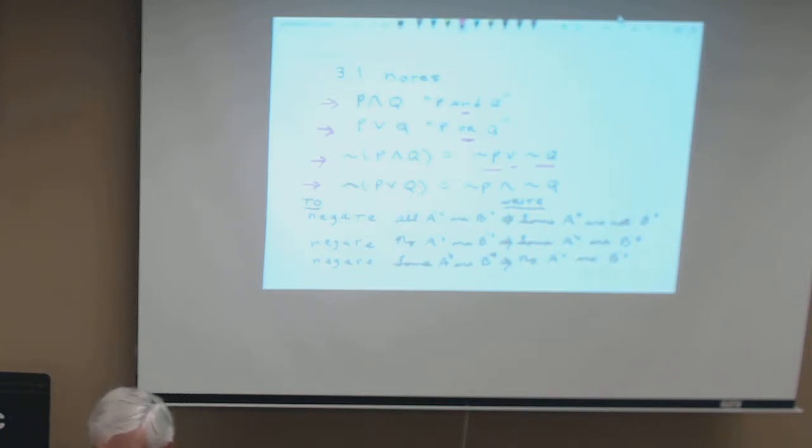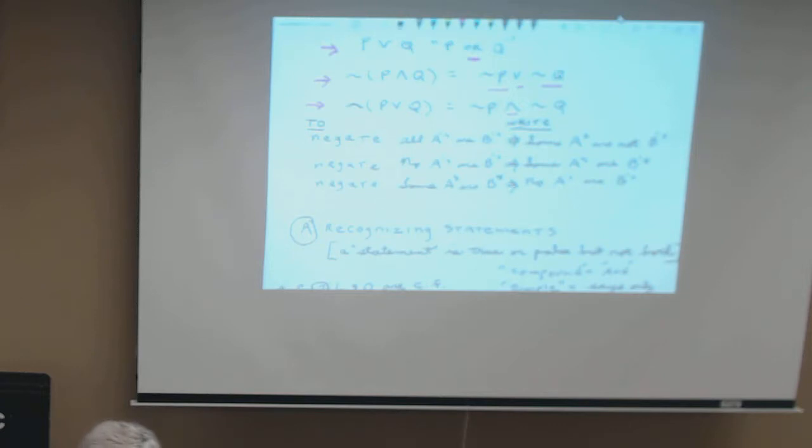Not P and not Q. So you negate and by making it or and then negating the two parts of the statement. You negate or by changing it to and negating the two parts of the statement. You got that? Okay.